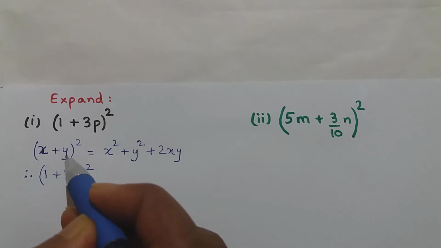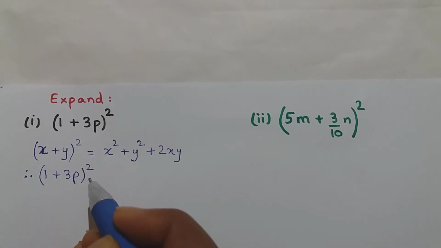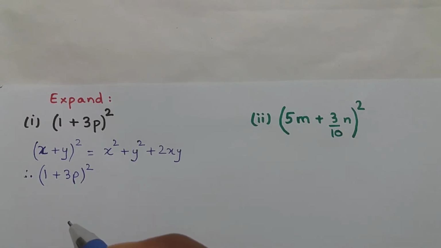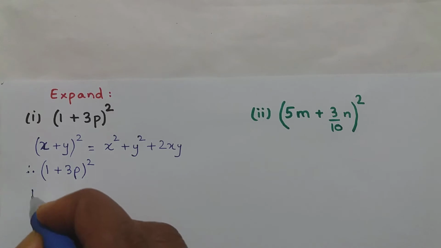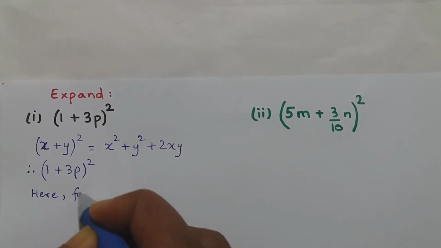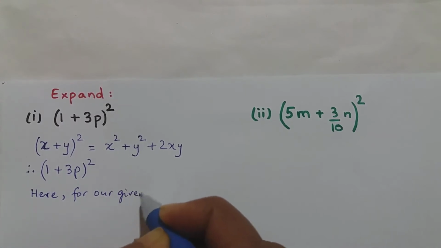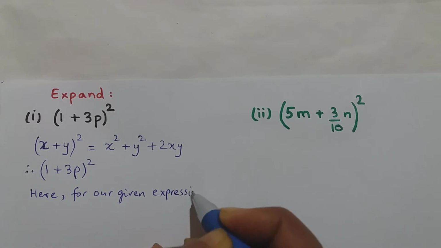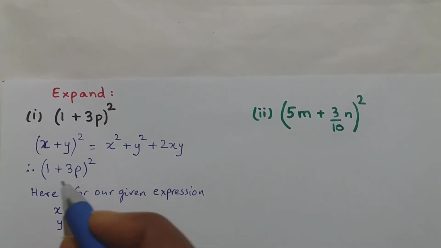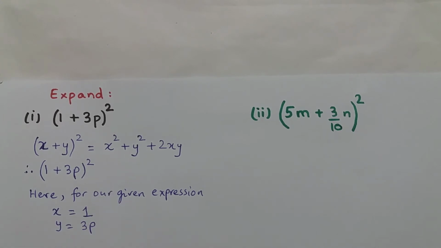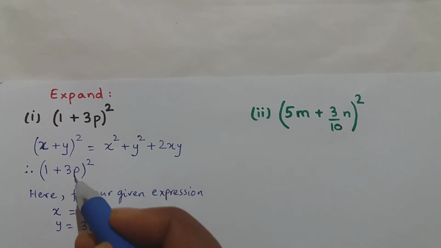So for our given expression, x corresponds to 1, so x is equal to 1, and y corresponds to 3p, so y is equal to 3p.